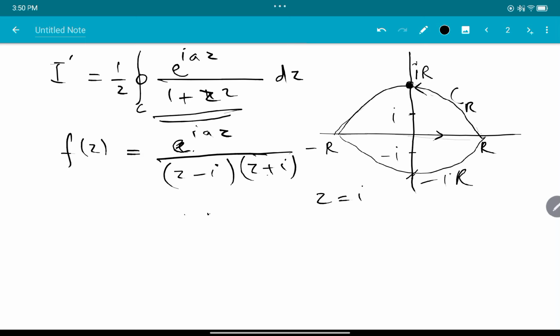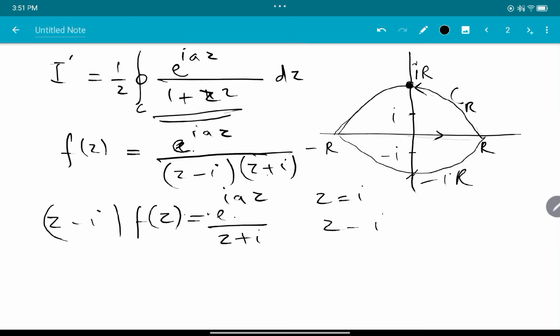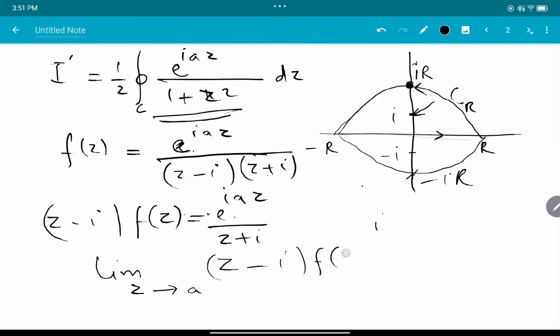Now for z equal to i, what will be the singularity factor? That is z minus i. So we multiply z minus i into f(z). That will be e raised to i az divided by z plus i. Since it is a simple pole here, I have to take the limit as z tends to i of z minus i into f(z), and that is the residue.